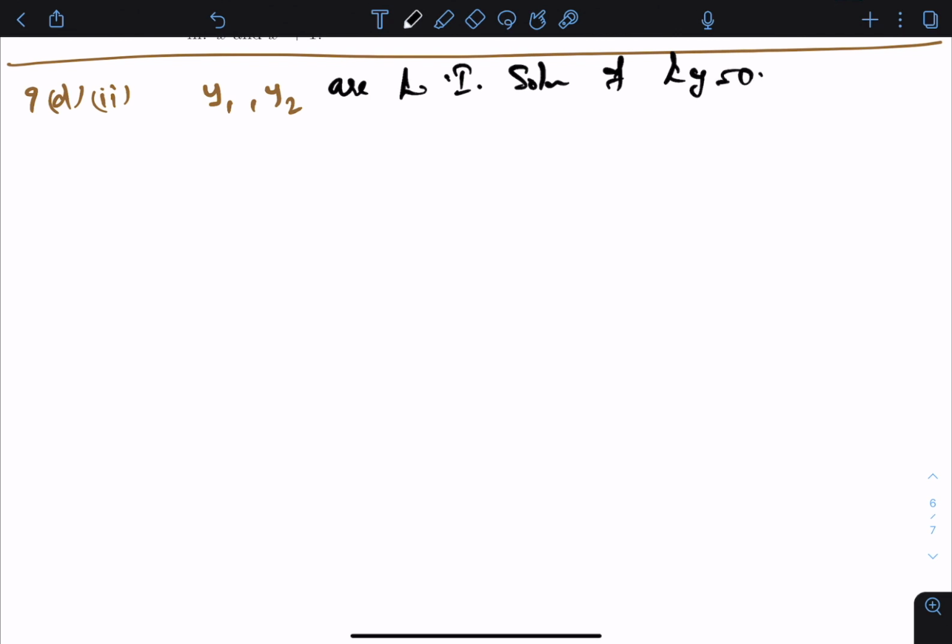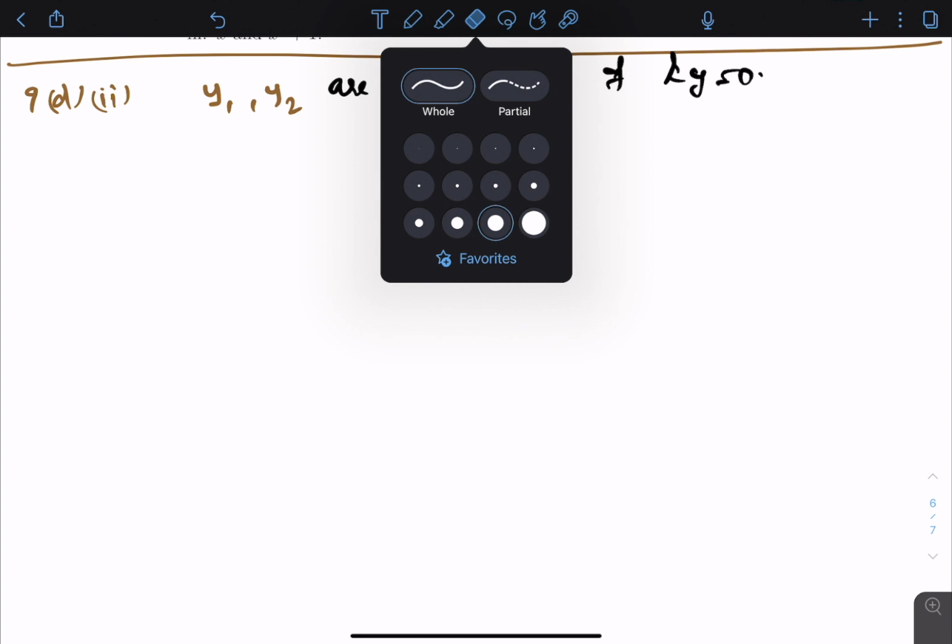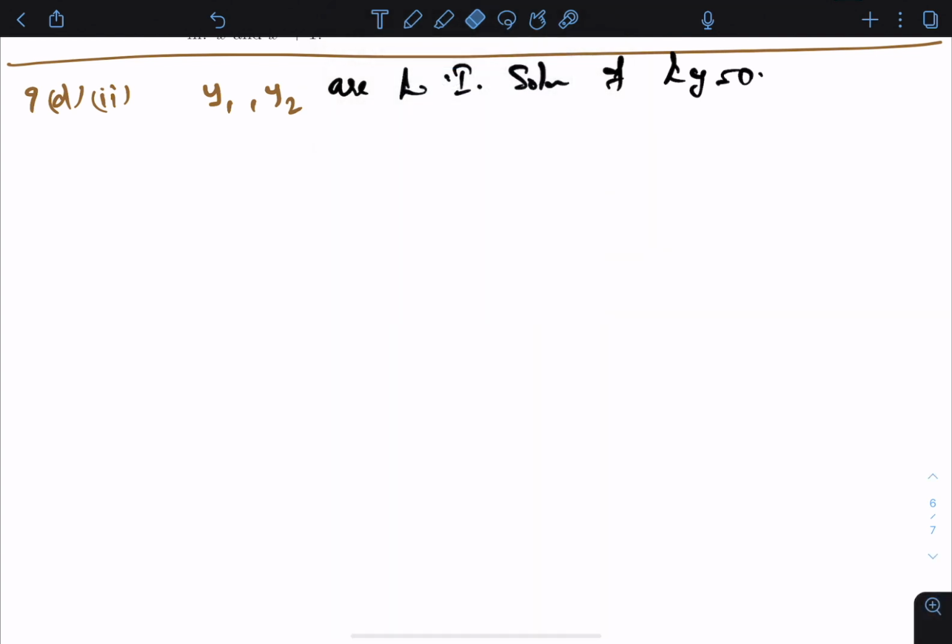What you are being asked to show is that if you take a linear combination, it is given to be ay1 plus by2, let's call this the function u.